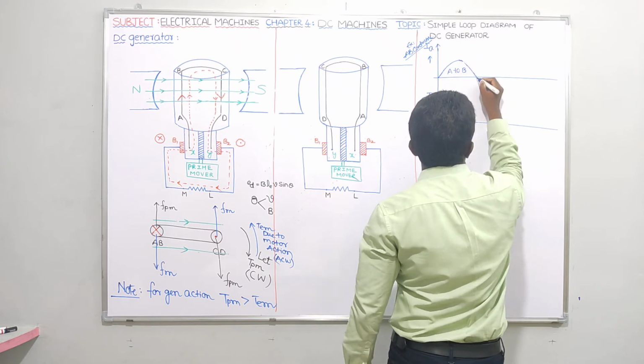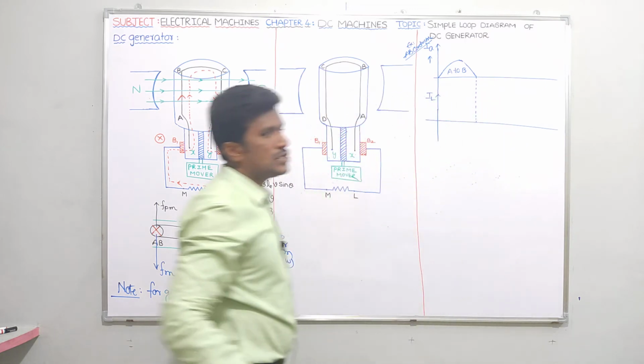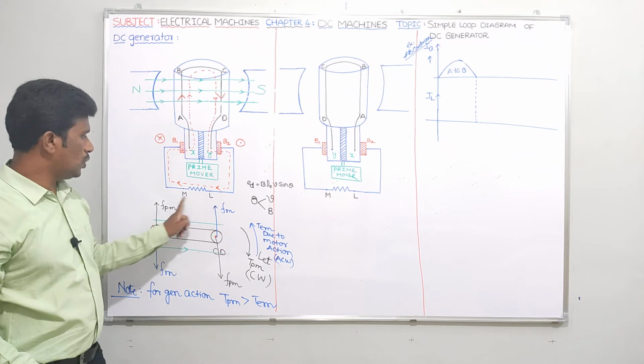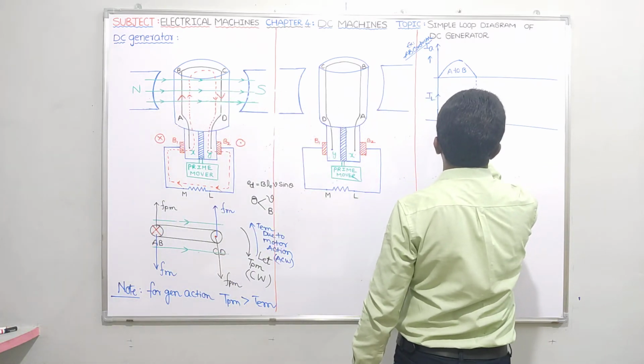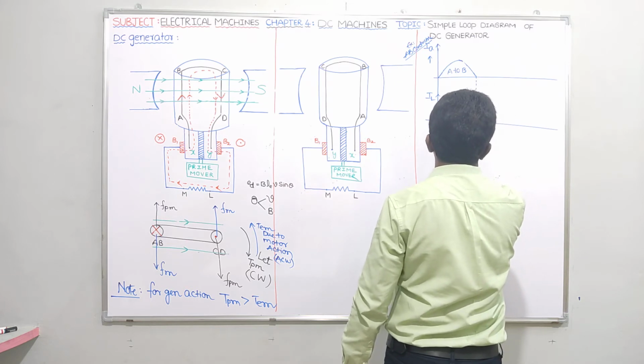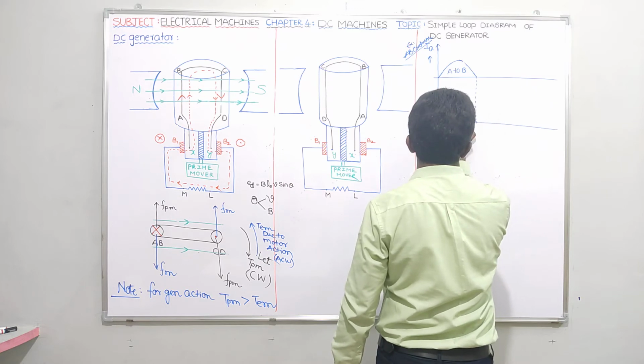Next, guys, whenever current is flowing from A to B, how is current flowing at the load? It is from L to M.